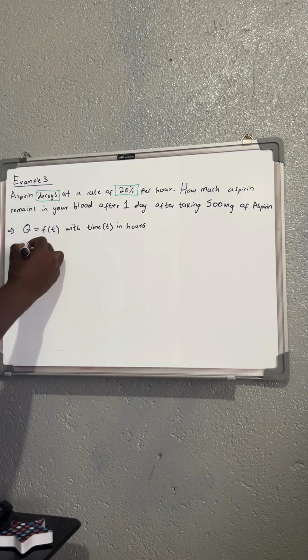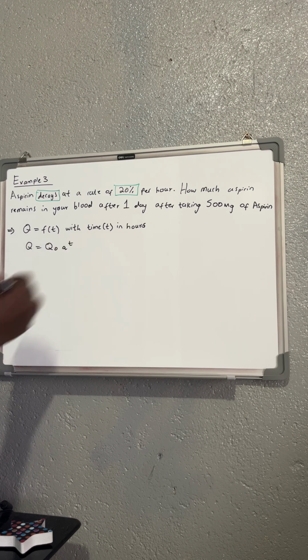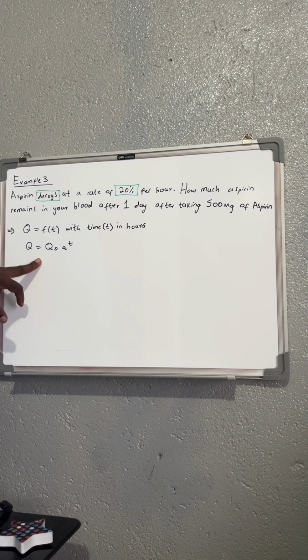We can say we have Q is equal to your Q0 times your a to the exponent t. In the other example I was just using P, but you'll always change with respect to whatever you are given in the example. Here I'm calculating quantities, so that's why I'm using Q.